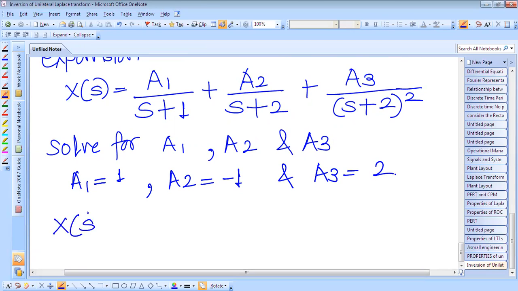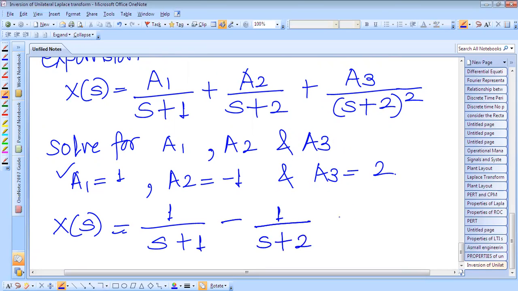Therefore, we can find these residues by using the partial fraction expansion. Okay, we already solved such type of example in the previous problems. Therefore, I have written here directly. So x of s, we can write this value in the given equation: 1 over (s plus 1), minus 1 over (s plus 2), plus 2 over (s plus 2) square.